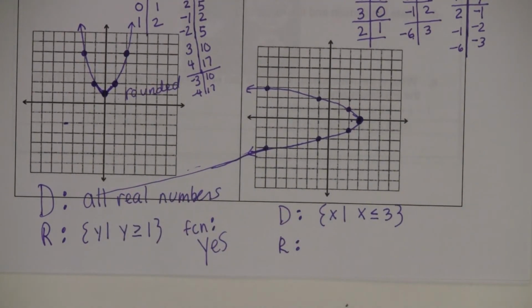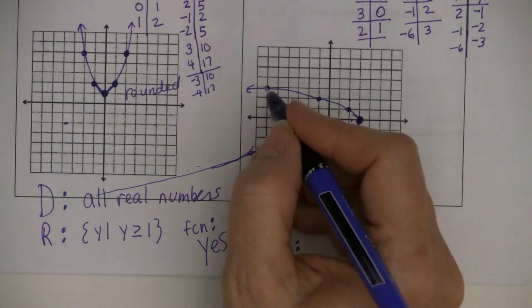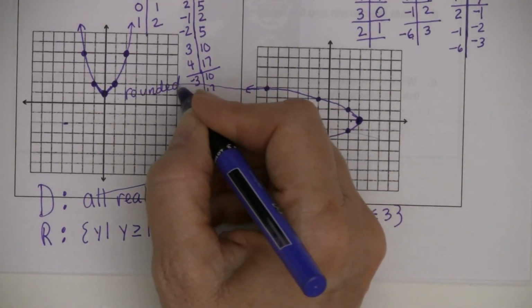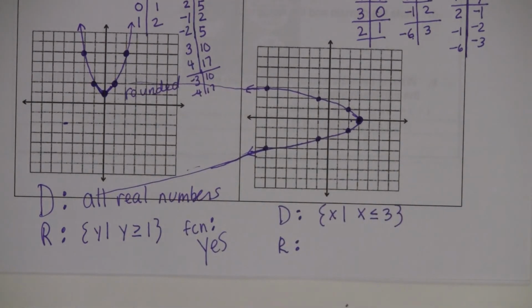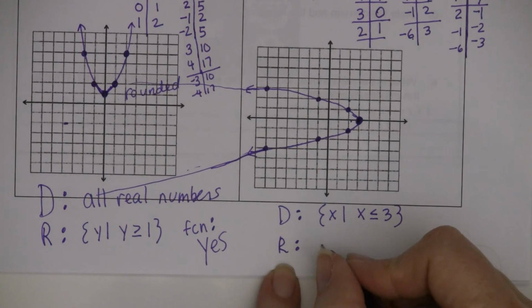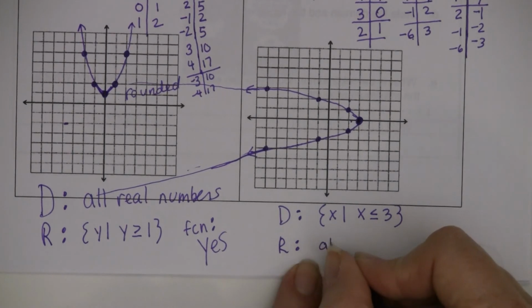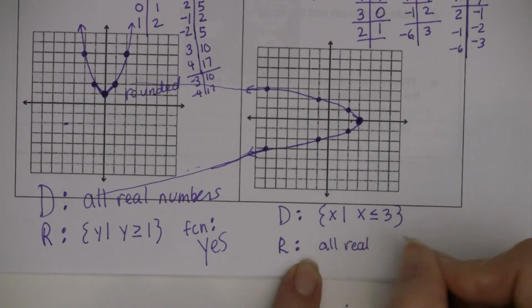And it continues that way forever. So it goes all the way to negative infinity, as low as you can go for the y's. And then very slowly, this is going up and up and up and up. So the same on that parabola. And so the range is actually all real numbers.